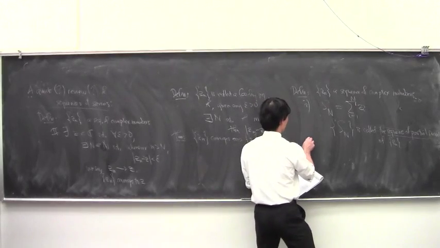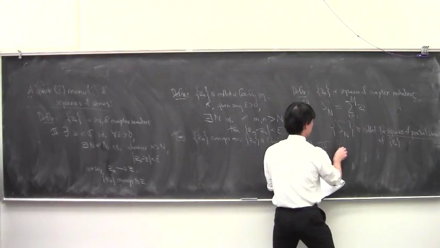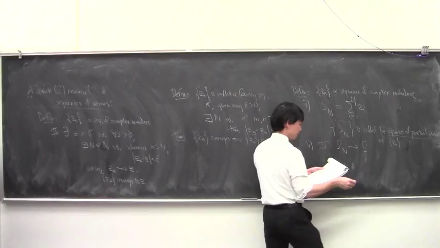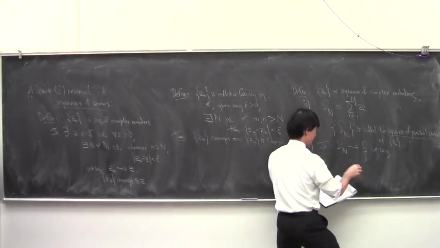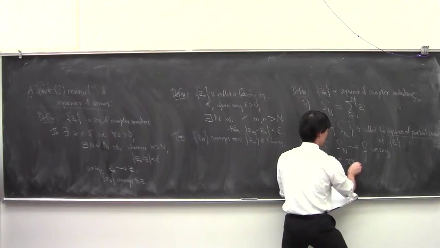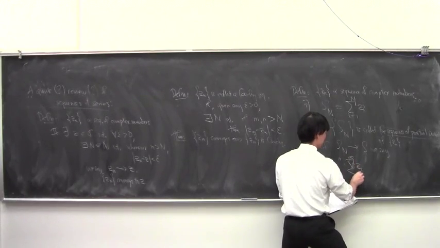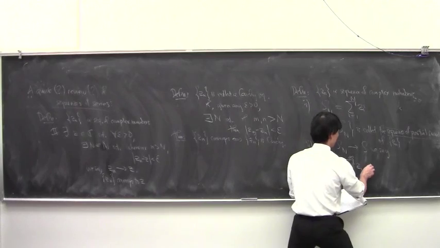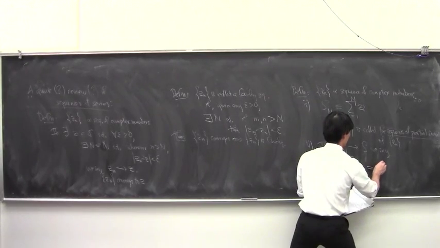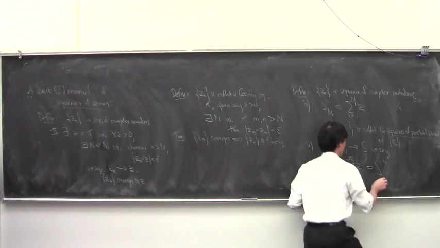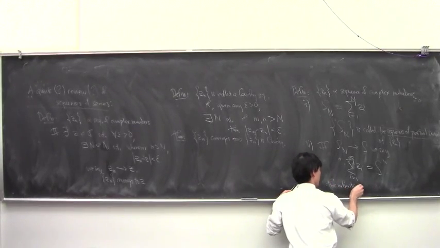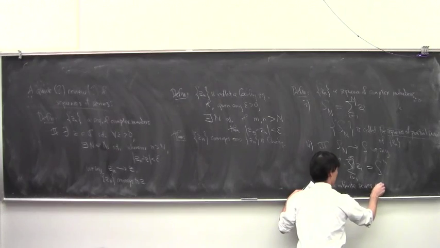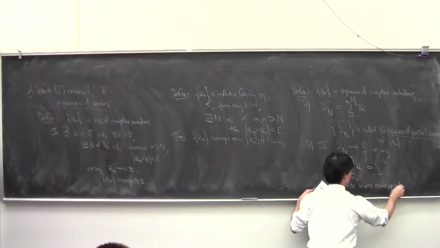So if the sequence of partial sums converges to something, we say that the infinite series converges to this.